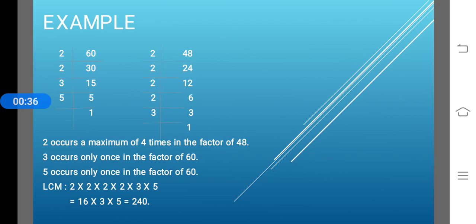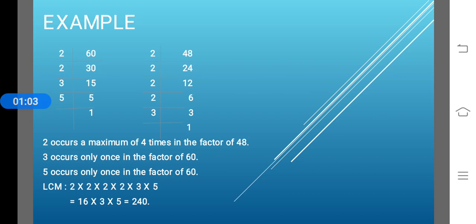60 can be written as 2 into 2 into 3 into 5 and 48 as 2 into 2 into 2 into 2 into 3. Now 2 occurs a maximum of 4 times in the factor of 48. 3 occurs only once in the factor of 60.